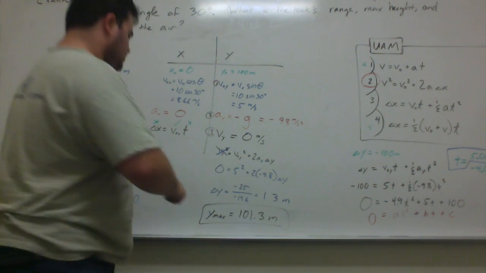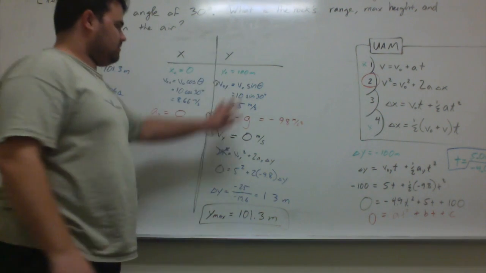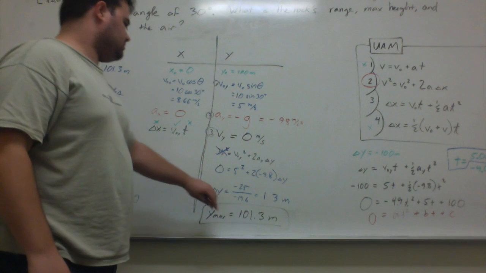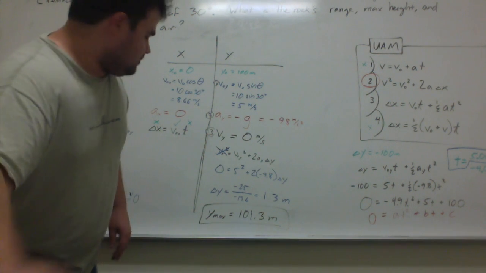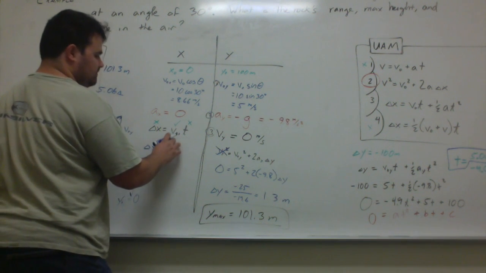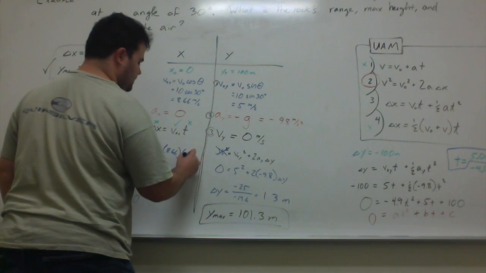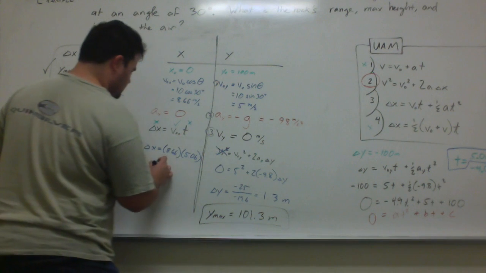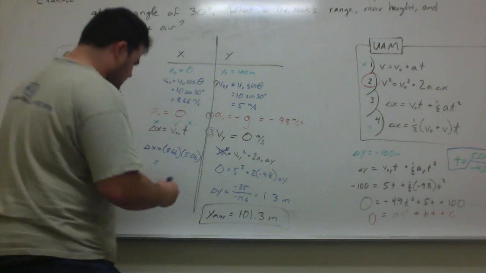We are now going to use our time that we got from all this information to plug in and find this. So delta x is going to be v naught x, which was 8.66, times 5.06, and that's going to give us a range of 43.8 meters.